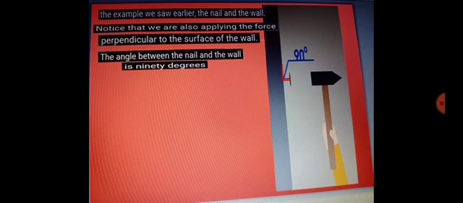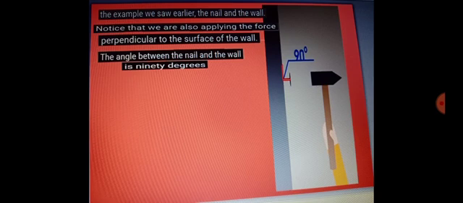Whereas in the flat end, the same force is used, but because of the larger area, the pressure experienced is less. Therefore, the flat end of the nail does not easily pierce the wall like the pointed end.